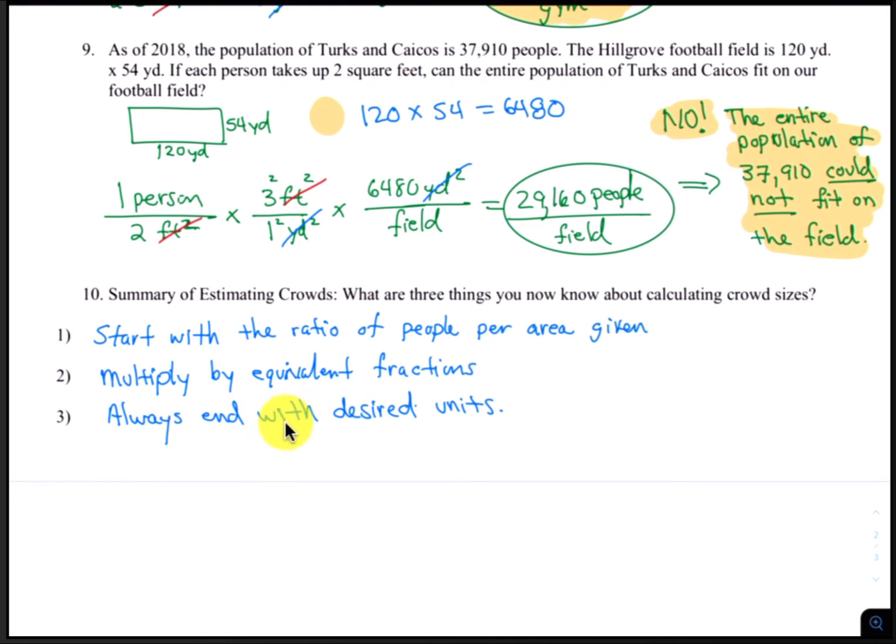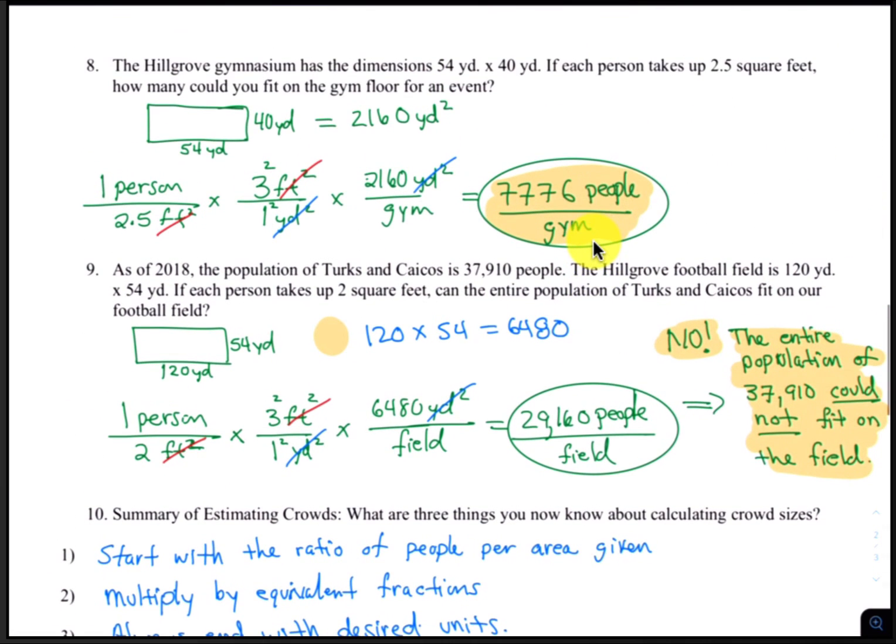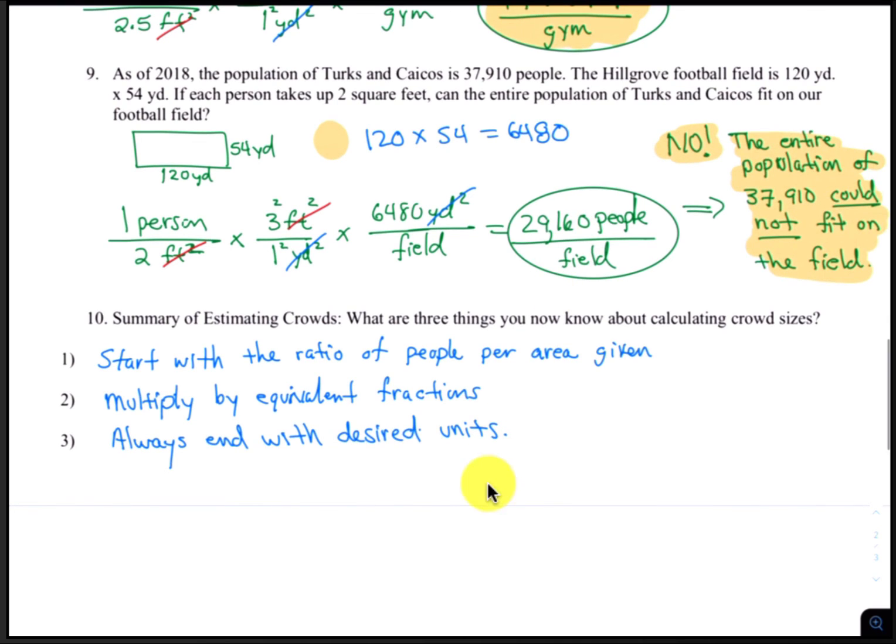And you want to end up with whatever your desired units are, like people in the entire field, or in some cases, people in the gym. So you have to make sure that you end up with your desired units. All right, that's it.